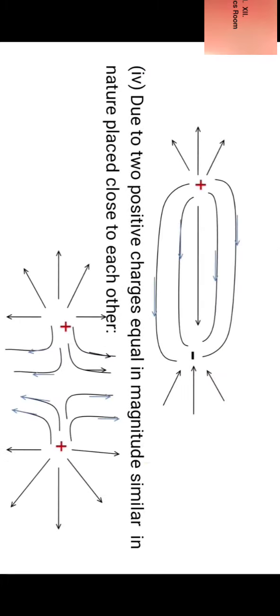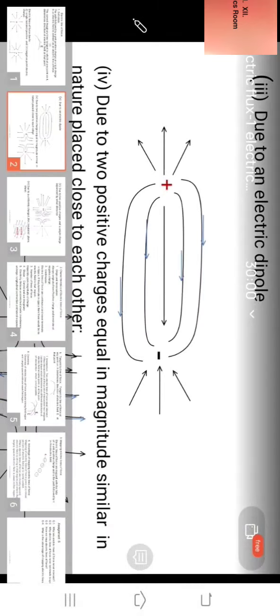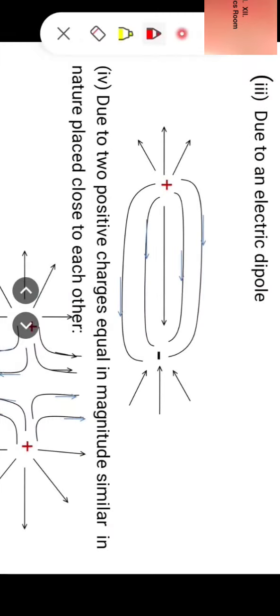Now number 3, here we see the electric lines of force due to an electric dipole. This is a pair of charges, positive and negative, separated by small distance, constituting an electric dipole. Okay, so the electric lines of force due to electric dipole are as shown.